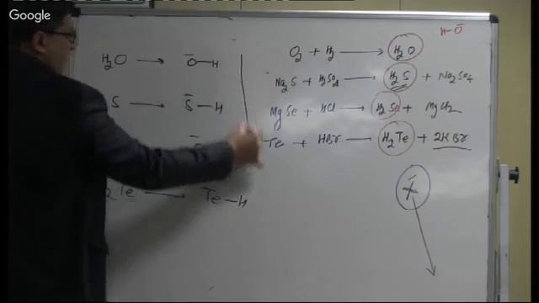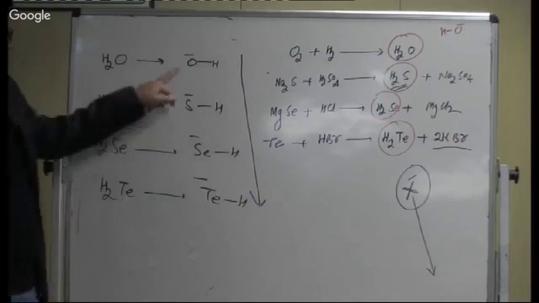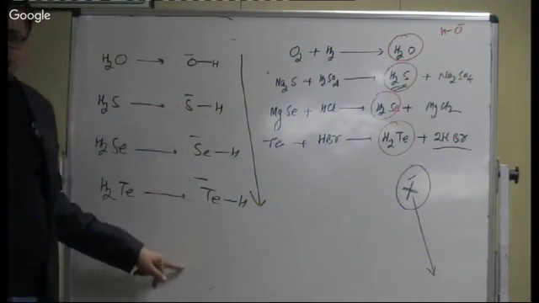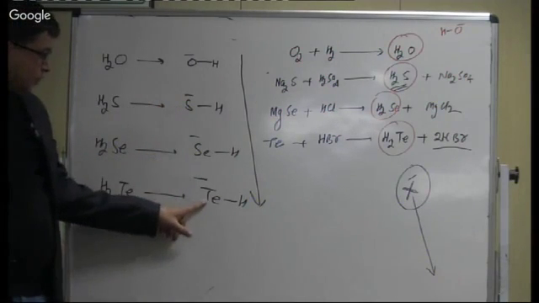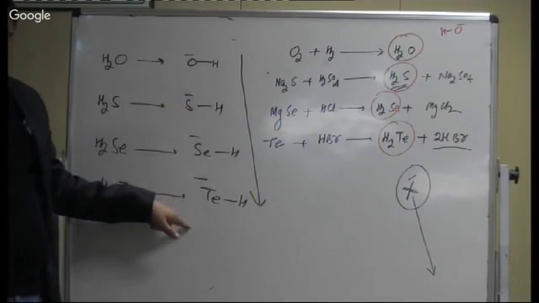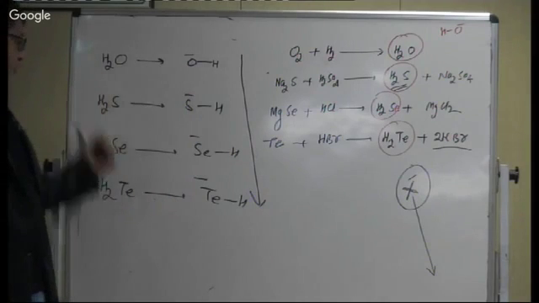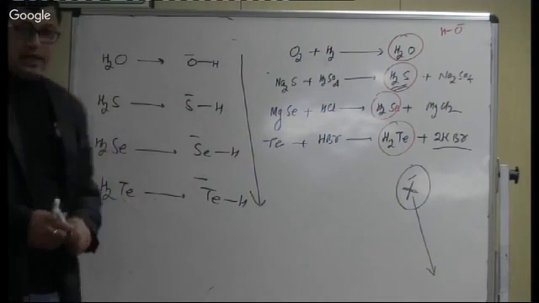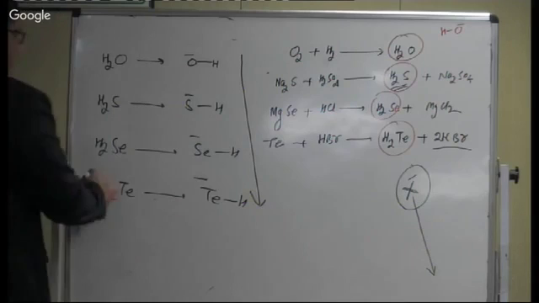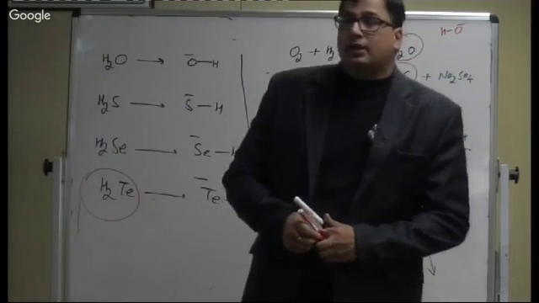So as I move down the group, the size of the atom increases. That means the negative charge intensity decreases. That means this is a weak conjugate base, this is a strong conjugate base. The weaker the conjugate base, the higher the strength of the acid. So among H2O to H2Te, the highest acidic nature is H2Te. So can we say as we move down the group, the acidic strength increases.